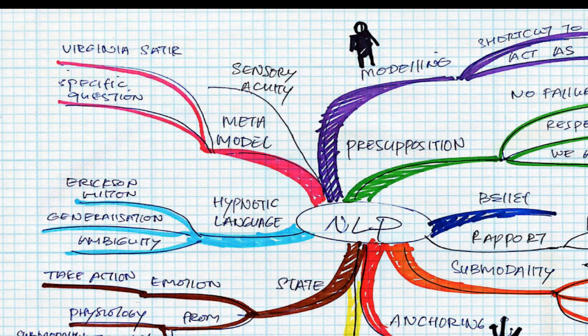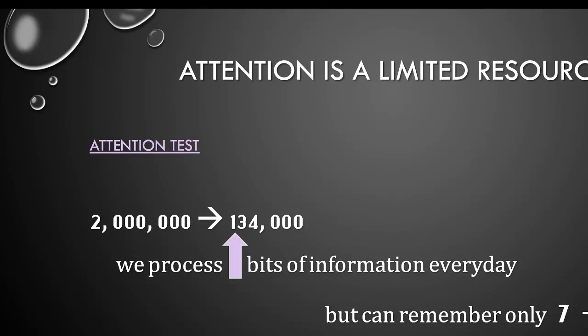Okay. Now you may be interested to learn that researchers have studied this, and they say that out of a possible 2 million bits of sensory information that we're exposed to every day, the brain is able to filter out and process about 134,000 bits of that 2 million. That's still quite an obscene amount.